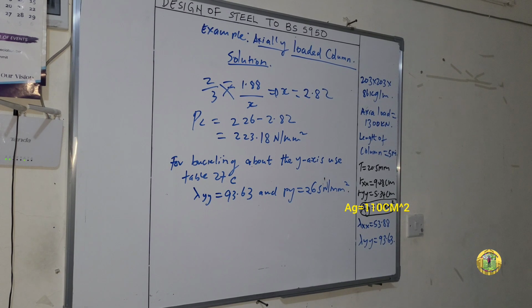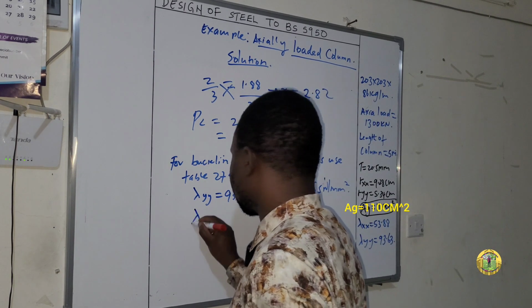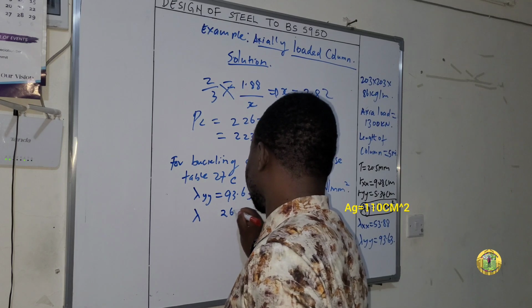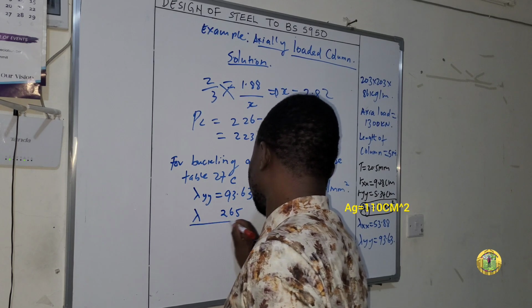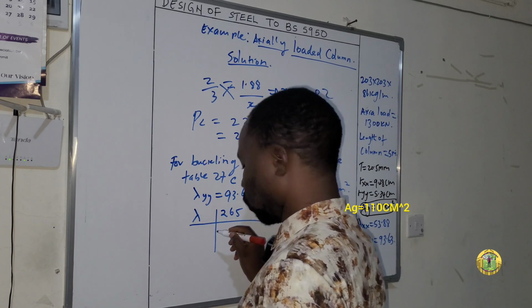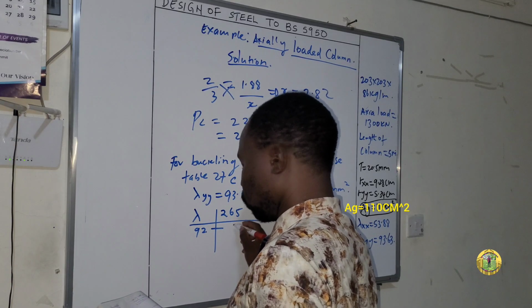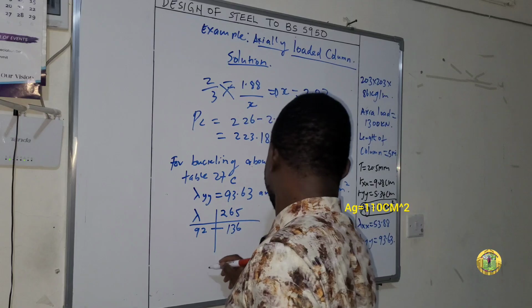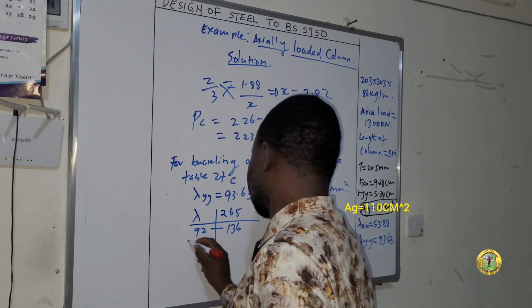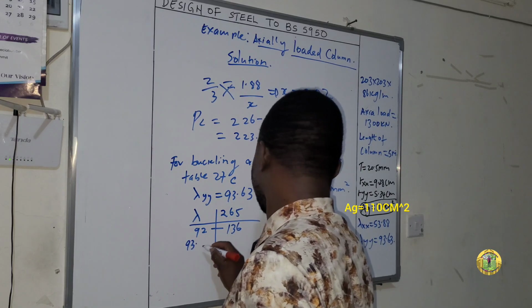So we have the slenderness ratio, and here is 265, which is py. So we have 92 corresponding to 136, and then 93.63, which is our value.